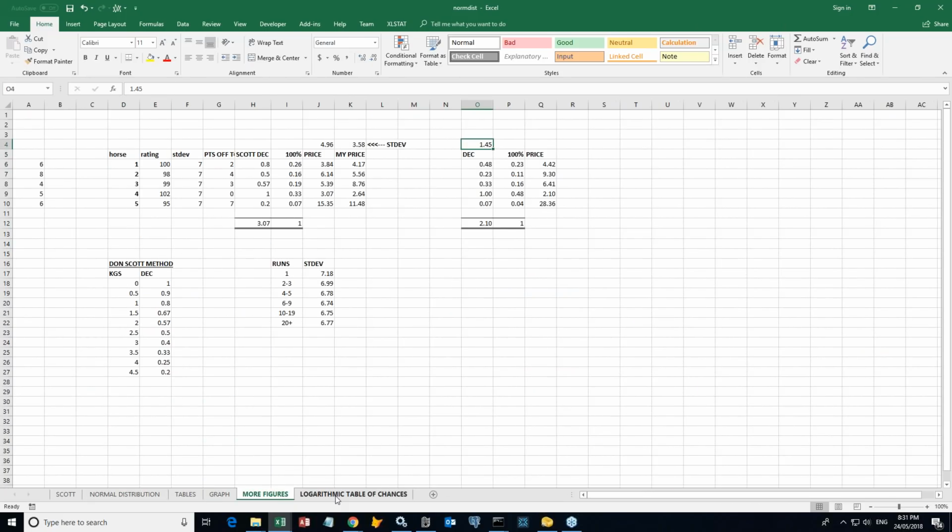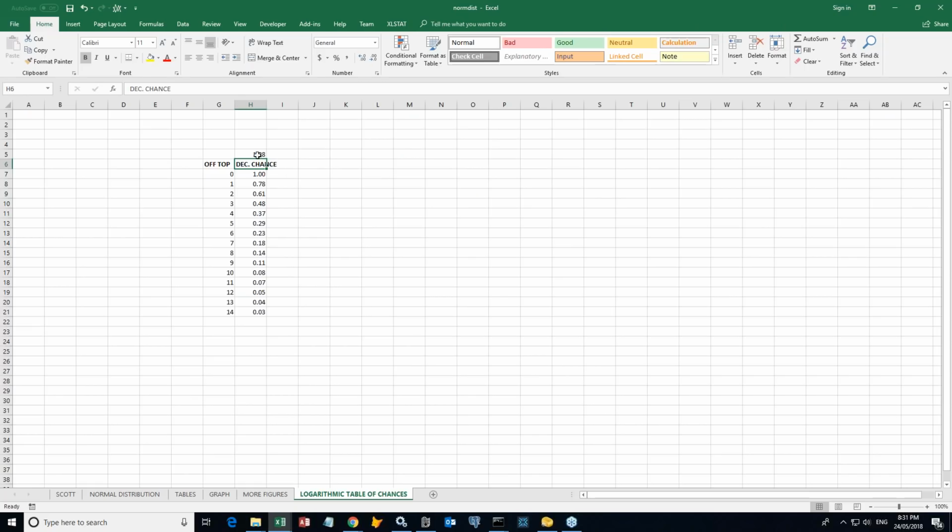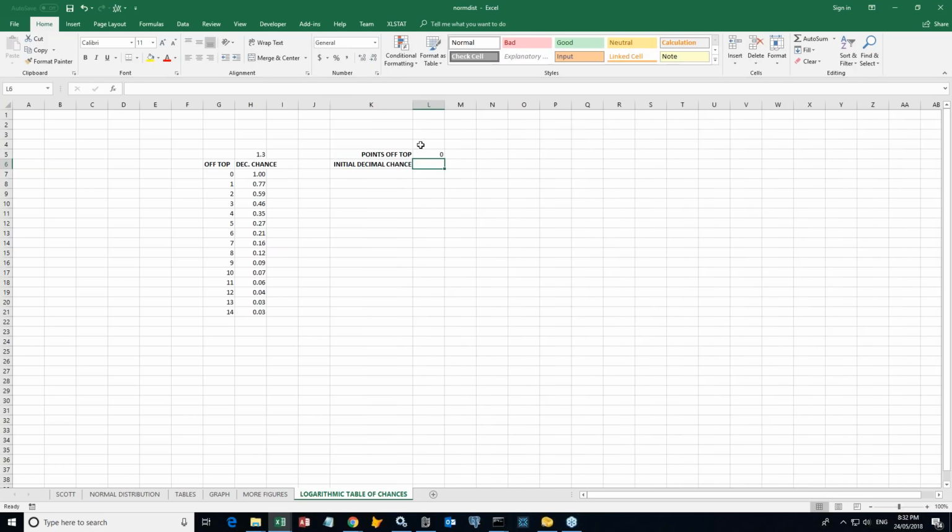So I'll just repeat it. Basically, this is your figure of confidence, and for every points off top, call it the initial decimal chance, it equals 1 divided by the factor raised to the power of how far off top they are.